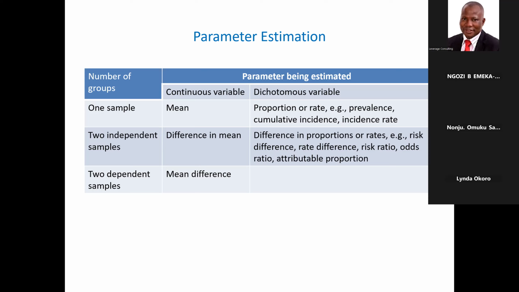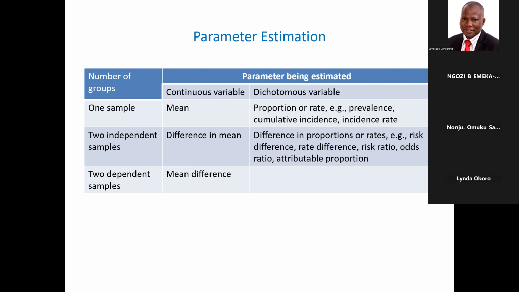Now, continuous variable means there are an infinite number of values between two given values. If it is one sample you are dealing with, look at the horizontal number of groups, one sample, like descriptive studies with only one group. What you are estimating there is the mean for a continuous variable, while for a dichotomous variable, you get proportion, rate, prevalence, cumulative frequency, incidence rate.